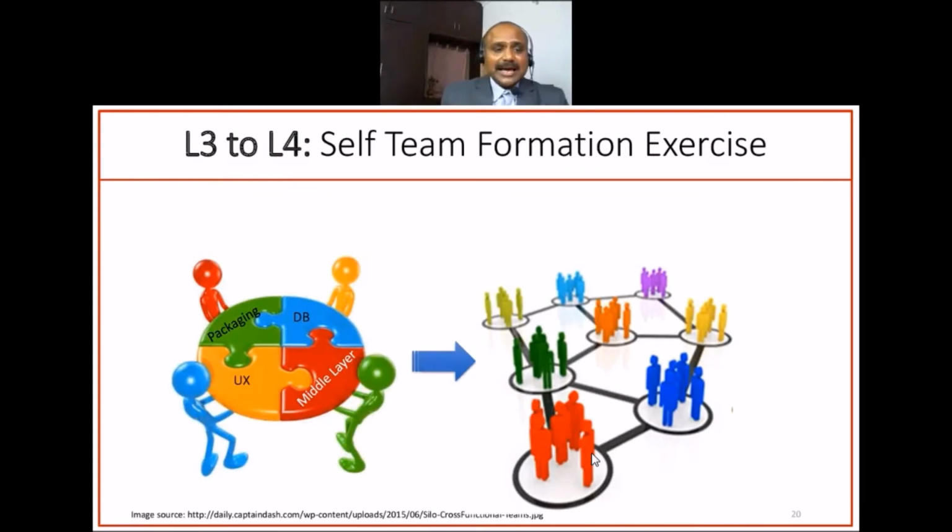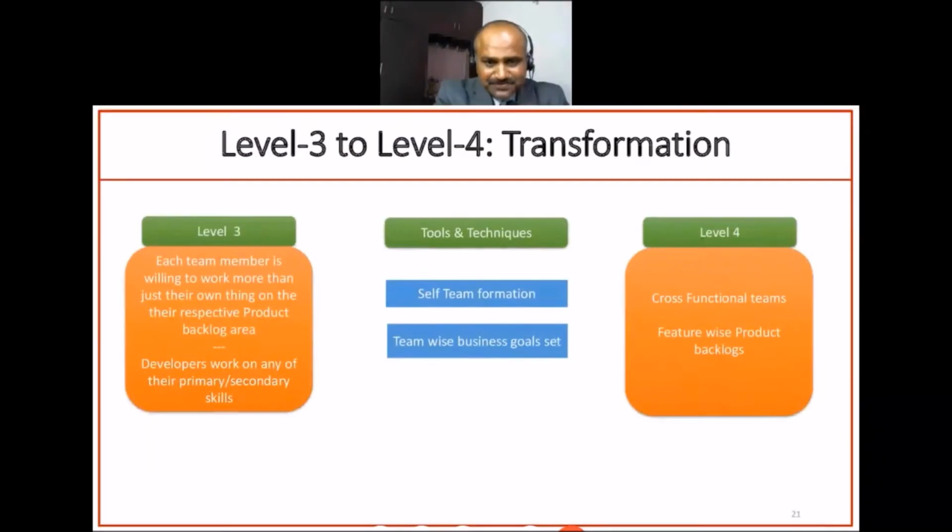It usually takes 6 to 8 hours. If we handle it well, we can probably wrap it up within 4 hours. But it's a very interesting exercise, and people like it. So this is what self-team formation is. Two things happen here. One is self-team formation. The key is that each team is now centric towards a product area.